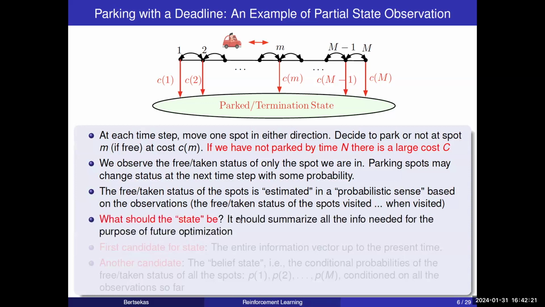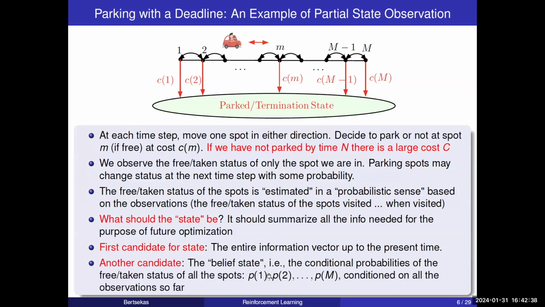So what should the state be? According to our guideline, it should summarize all the information needed for purposes of future optimization. The first candidate for state is the entire information vector, all the information that we have seen so far. Another candidate, which makes sense, is a belief state, namely the conditional probabilities of the free or taken status of all the spots.